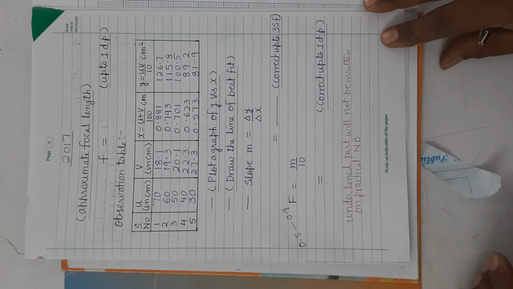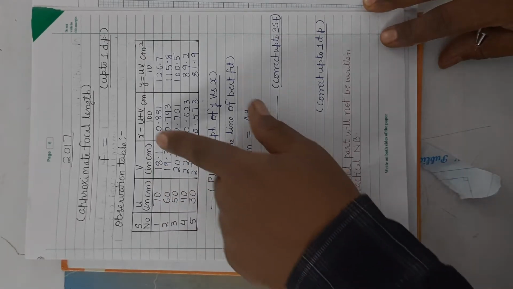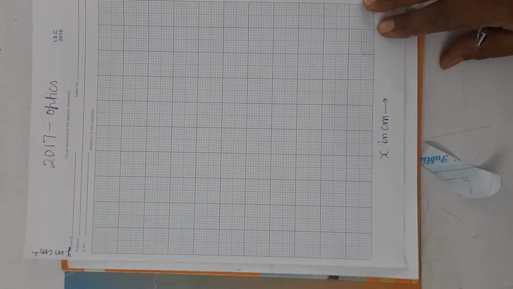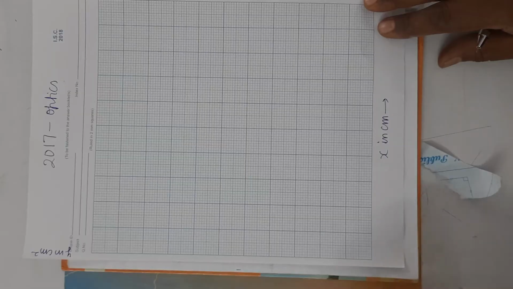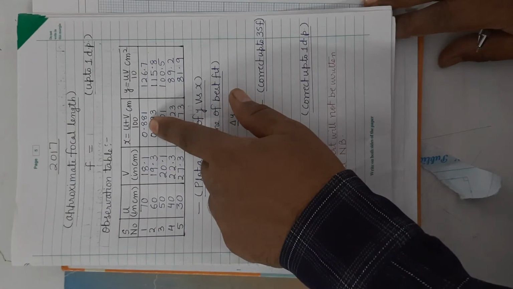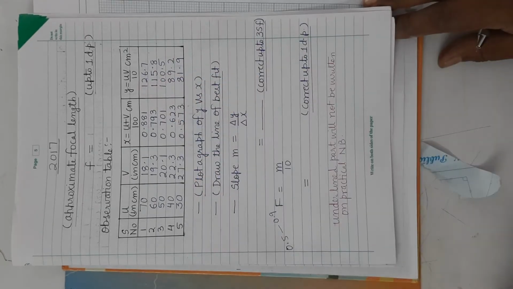Here you can see in this table the values of u, v, x and y are shown. Since we can change the origin, what will you do? You will plot x from minimum to maximum, and y also from minimum to maximum.